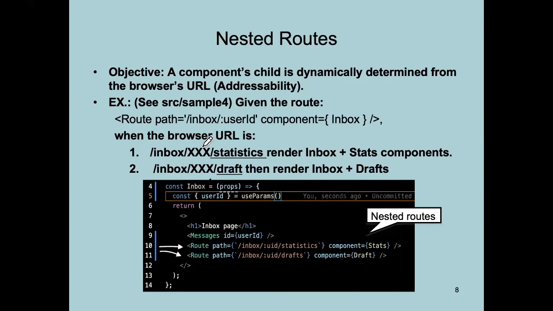I also want to include some statistics about that user on the actual page. Whereas down here, I want to list all of the draft emails that the user has created. I want those to be somehow displayed or referenced on the web page that shows more general information about the user's inbox content.